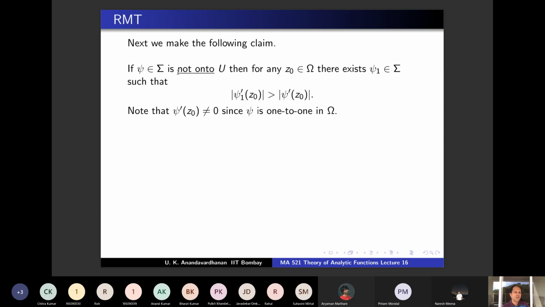Remember that we have to show that there is a psi which is onto. If something is not onto, then given any point, think of this like the speed of that function. The function is moving fast, hitting points in U. It's just a picturization.